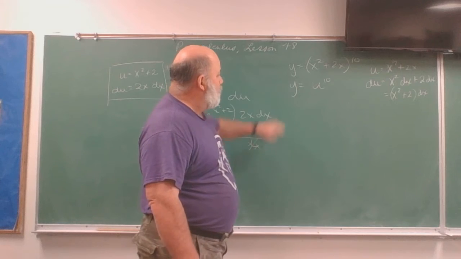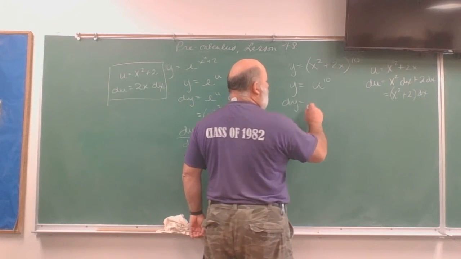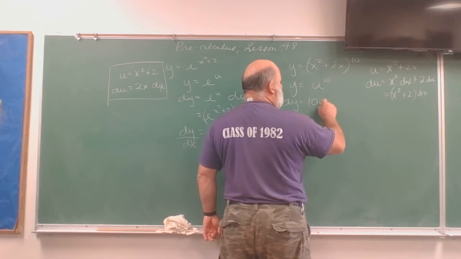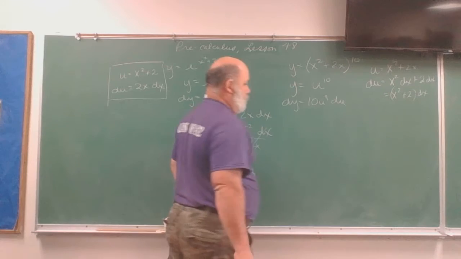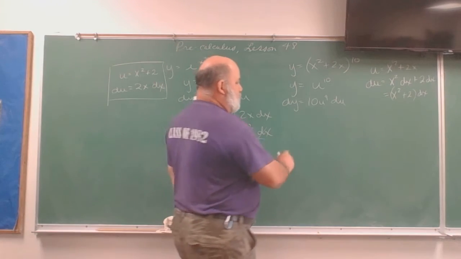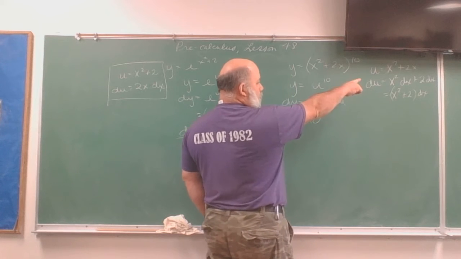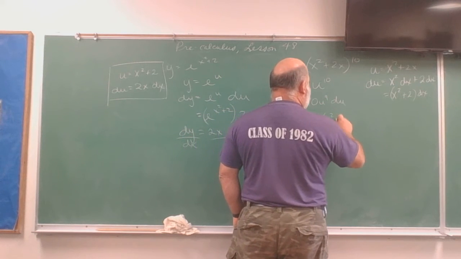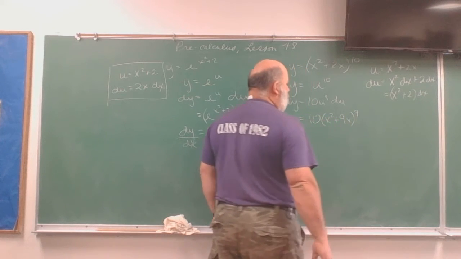All right, so let's find dy. dy will be 10u to the 9th du. All right? We substitute, what is u? u is x squared plus 2x, all to the 9th power.